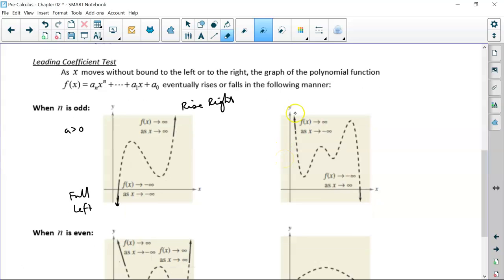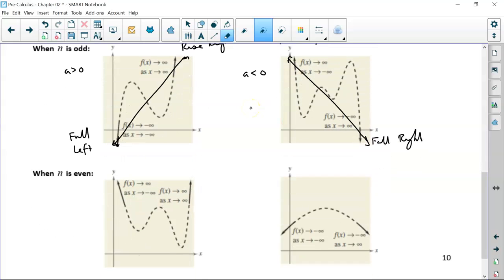Now, when the degree is odd and the leading coefficient is negative, when a is less than 0, it's going to rise to the left and fall to the right. The way I like to think about it is with a line with a positive slope, or in this case, a line with a negative slope.